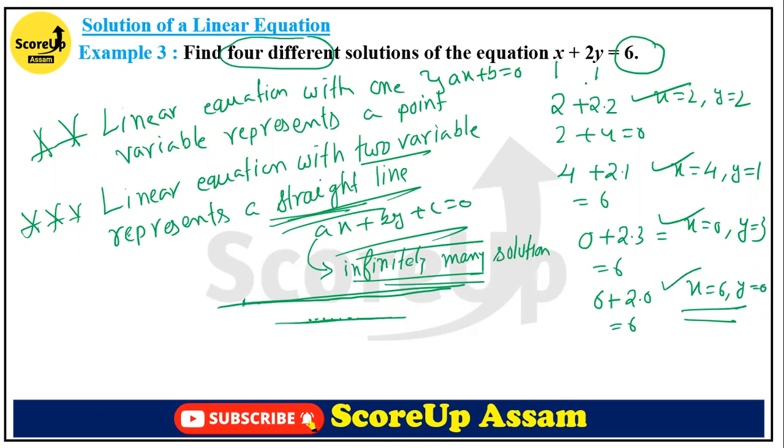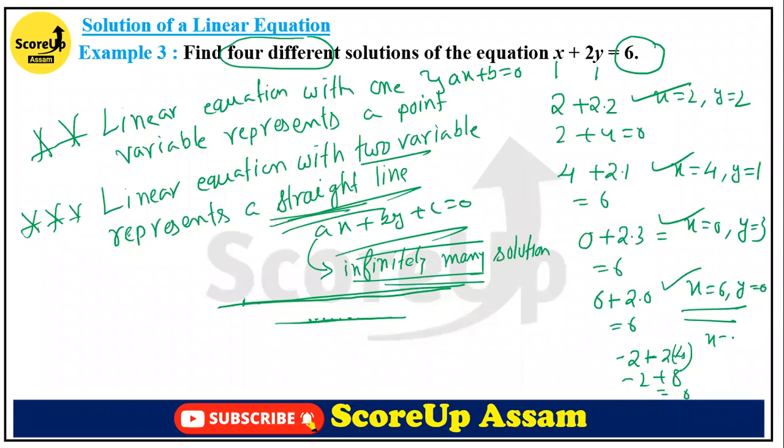There are many solutions. Suppose, see, there is one more solution if I write here. If x is minus 2 and y is 4, 2 into 4, so it will be minus 2 plus 8, ultimately it will be 6.